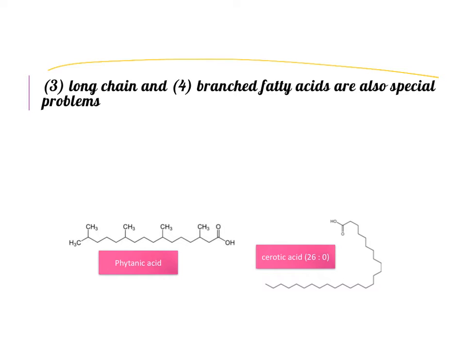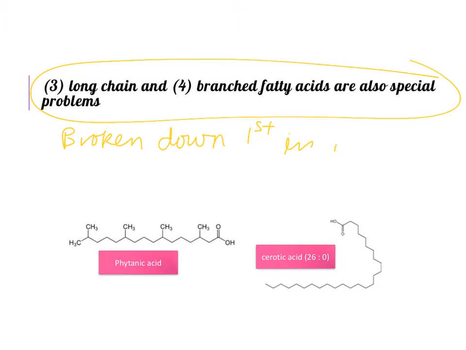Okay, the last two fatty acid nuances are long chains and branched, and I'm going to put them together because both long chain and branched are broken down in the peroxisome. I should actually say broken down first in the peroxisome.